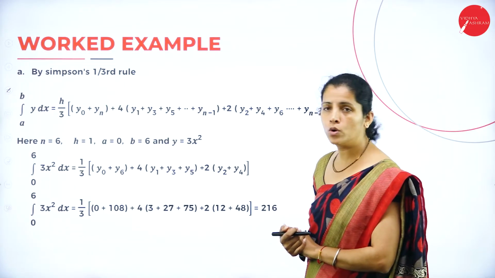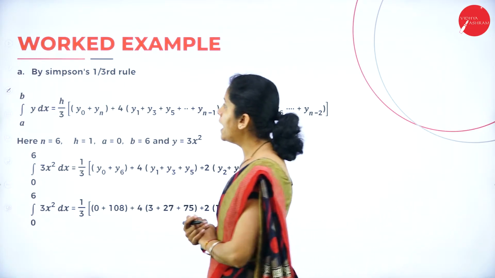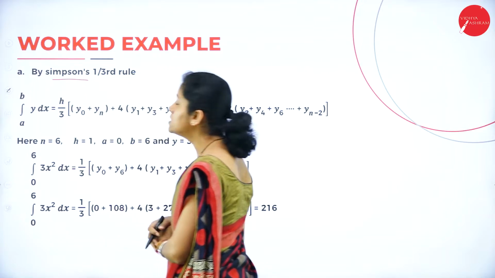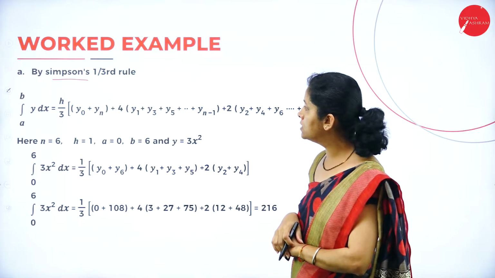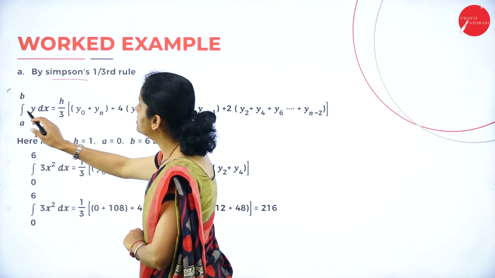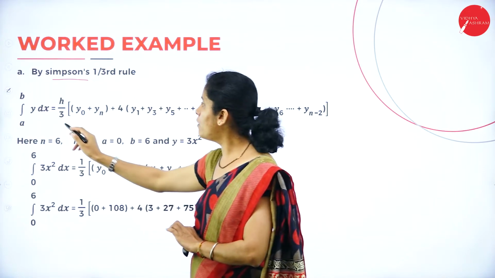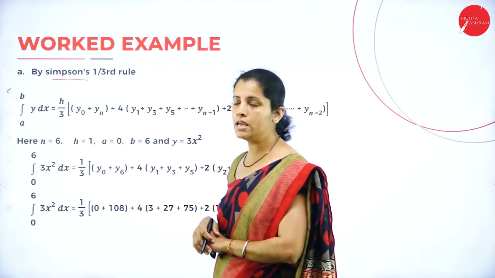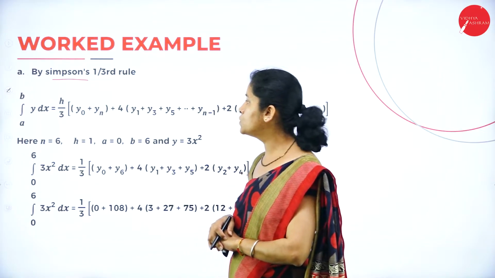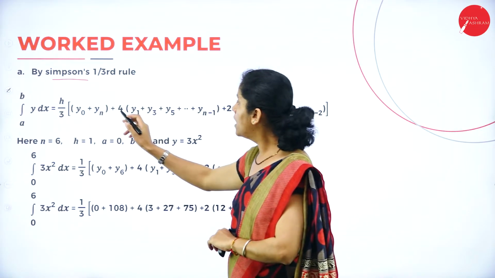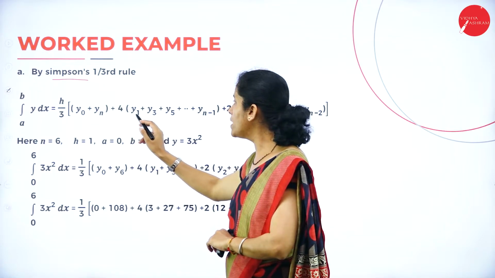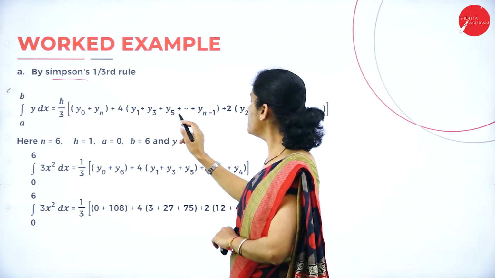Now, what I want to do? I want to apply Simpson's 1/3 rule. It ranges from a to b, and the formula is h by 3 into y0 plus yn plus 4 times y1, y3, y5.